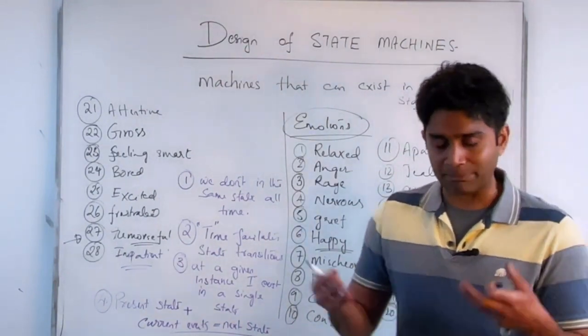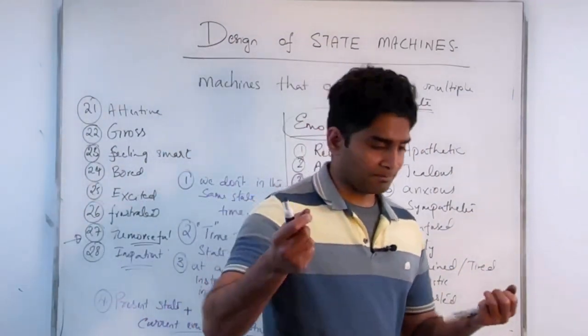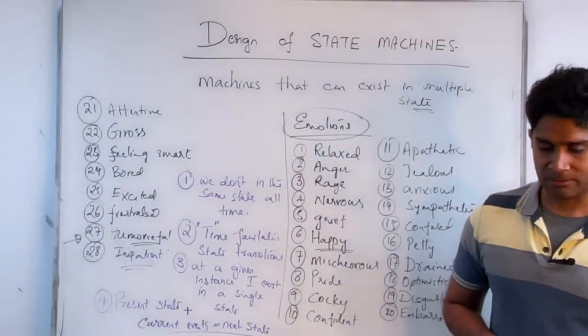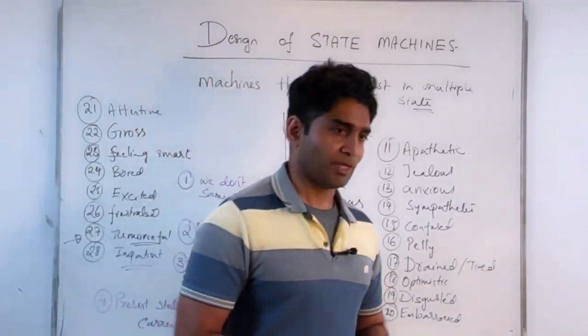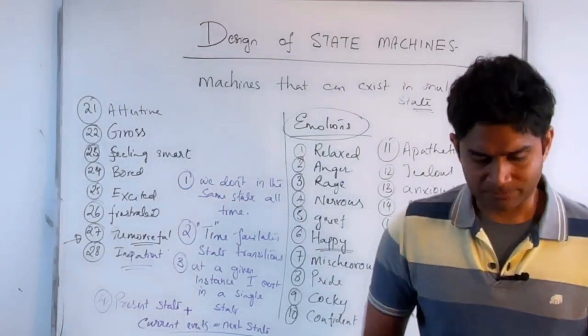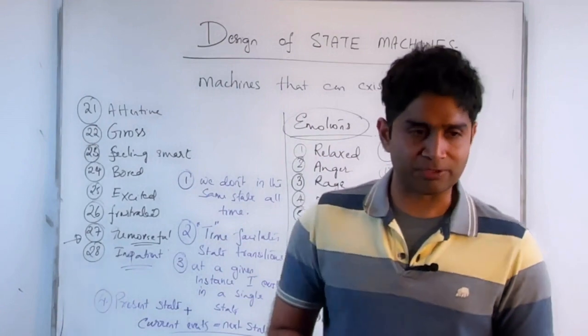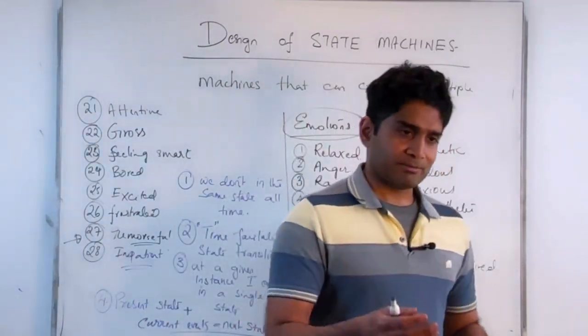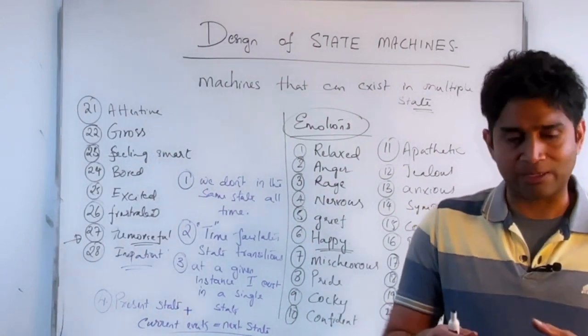For example, I'm in a happy state right now, and I get an email saying that I got my next grant, a big grant. I would continue remaining in the same happy state, right? Or, for example, I'm feeling dejected, and I get a congratulatory note from somebody saying that I won something.